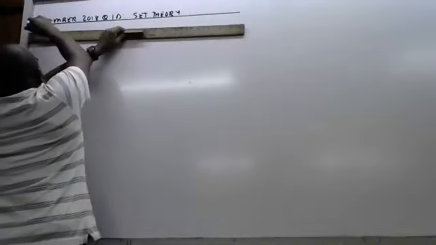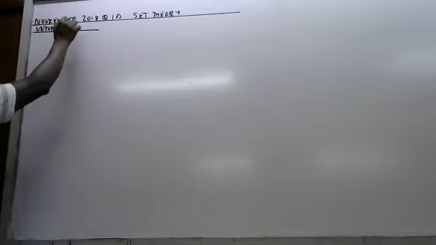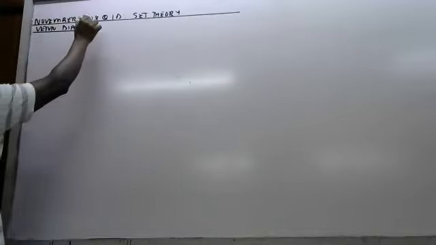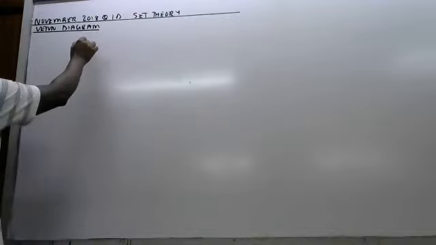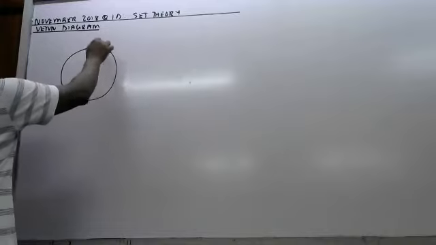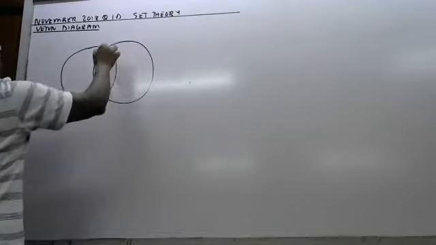And as you know, in set theory, we begin by drawing what we call a Venn diagram. And in this Venn diagram, we have 3 sets.